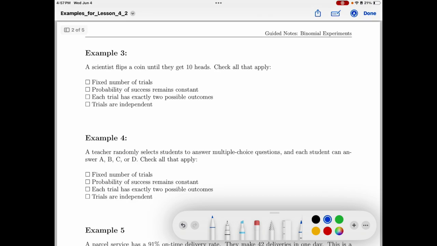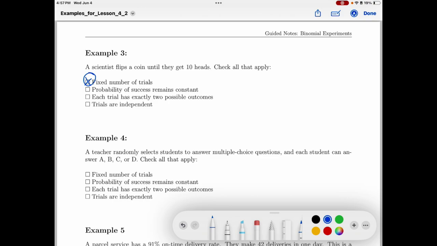Let's look at the next example, example 3. A scientist flips a coin until they get 10 heads. Check all that apply. Right away, the very first characteristic that we're checking, the fixed number of trials, fails. We don't even need to check the other ones. This one fails because it doesn't say they have a fixed number of times that they're going to flip the coin.